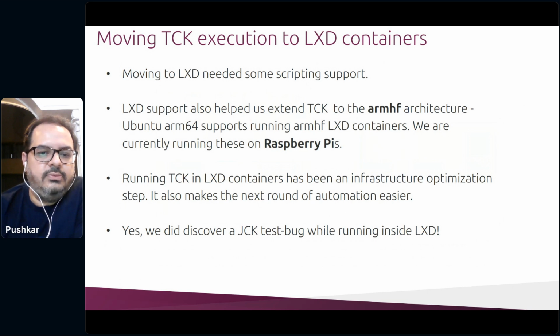So we moved to Raspberry Pis, but we are now contemplating dropping ARMHF as an architecture on which we want to certify our OpenJDK binaries, because I think it's quite rare to find someone using Java on ARMHF. So that's still a consideration.